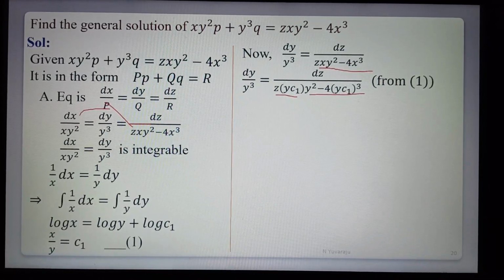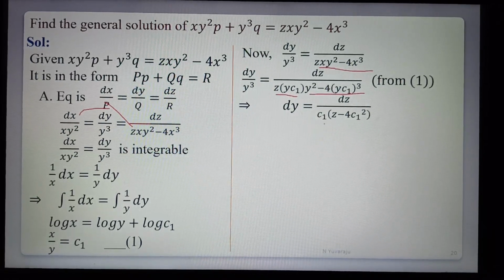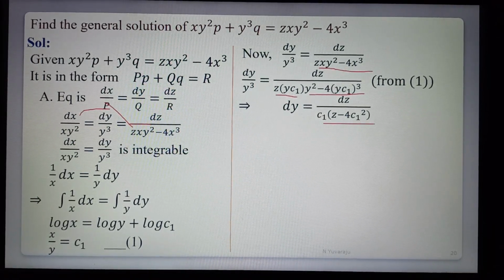Now simplification: y cube is common, so y cube cancels on both sides, and simplifying, dy is equal to dz by c1 common, z minus 4c1 whole square.